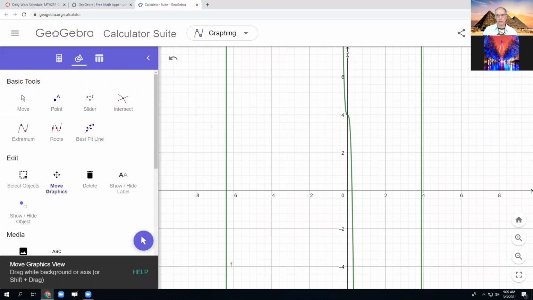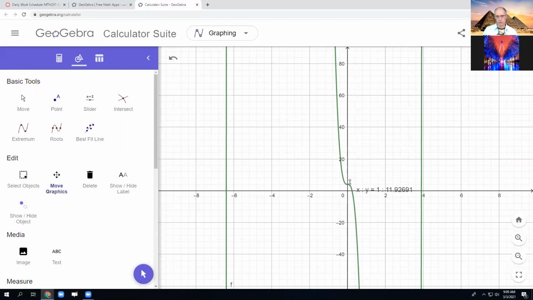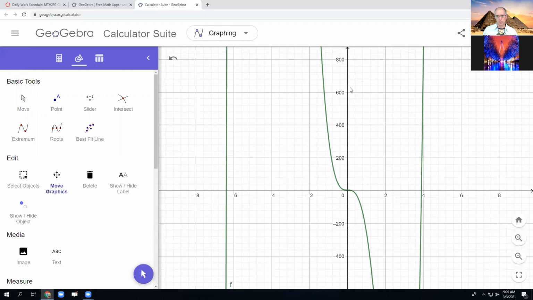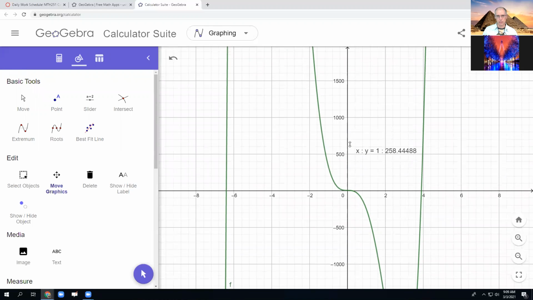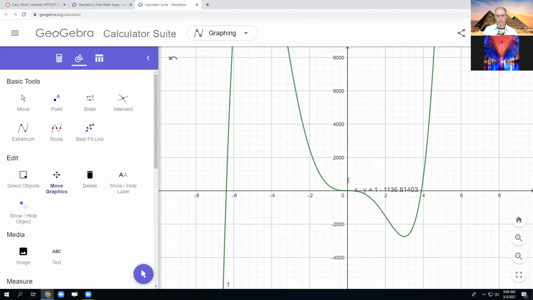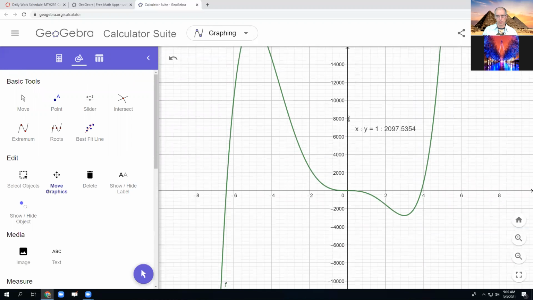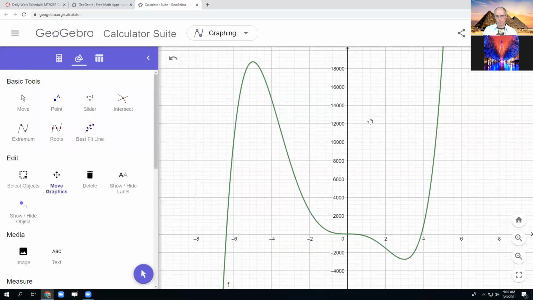I want to see what's going on. So I had to scale to get to see up to around 20,000.